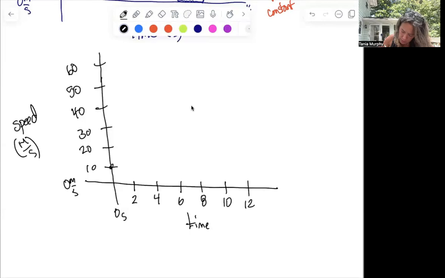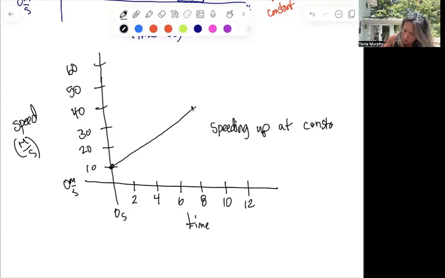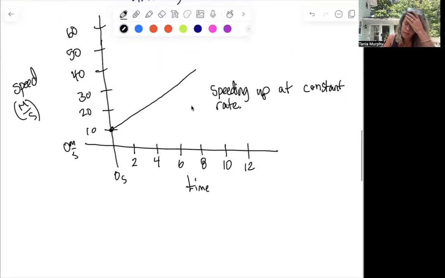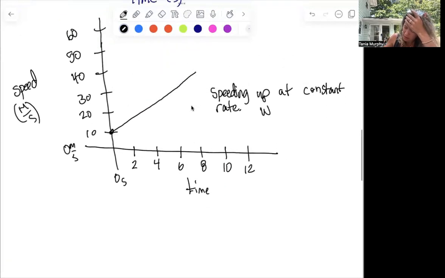Okay, let's go from here to here. So there's our constant. We're speeding up at a constant rate, okay? And then what we want to say is, what is the acceleration, right?